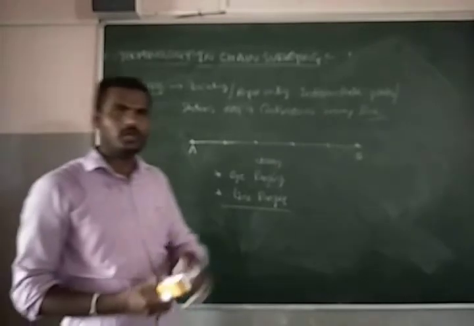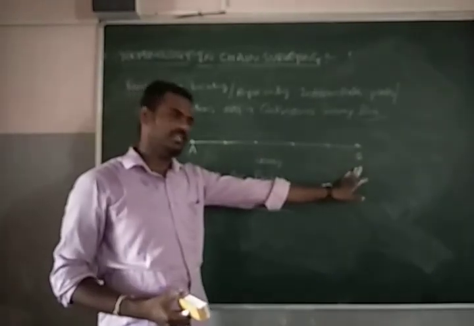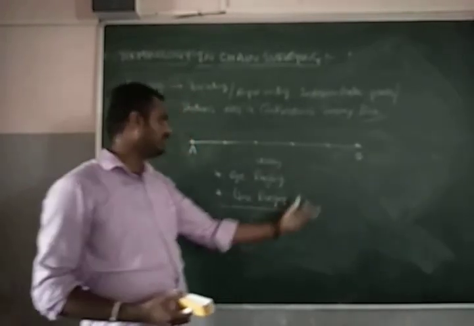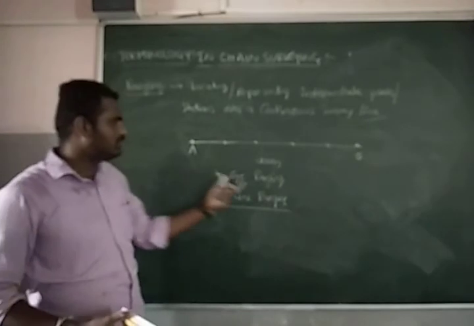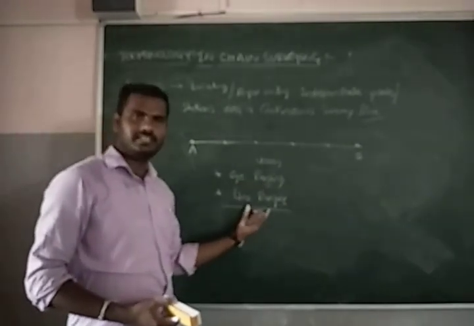If there are no obstructions for the surveying of a particular length, of any length, some L meter length, you can do that ranging in two ways: first by using eye ranging, and second by using line ranging.